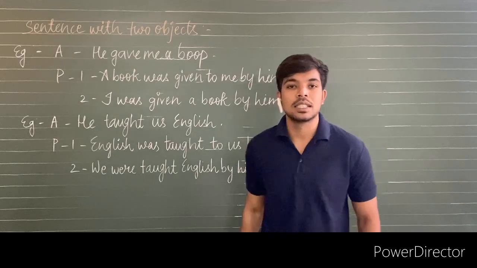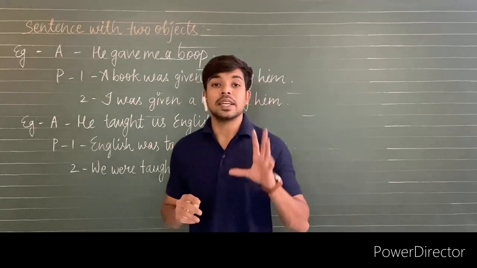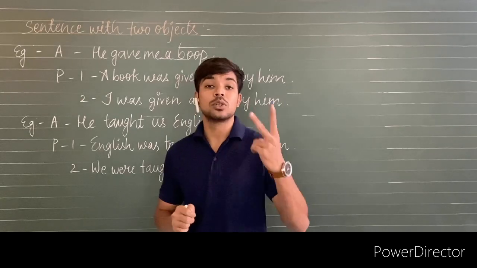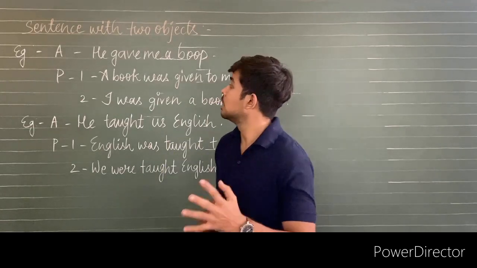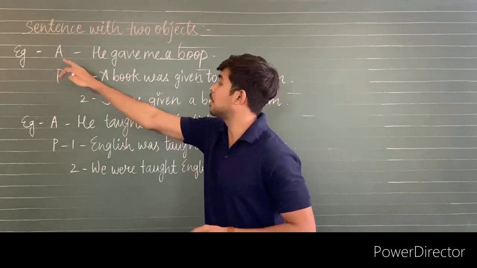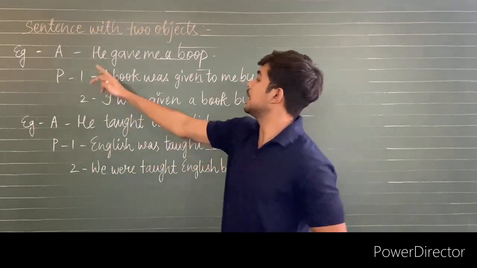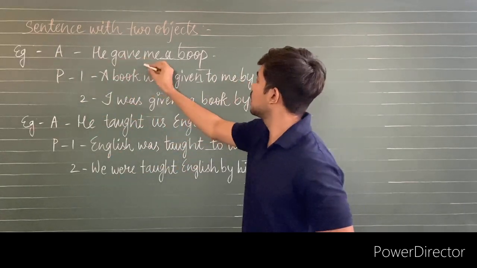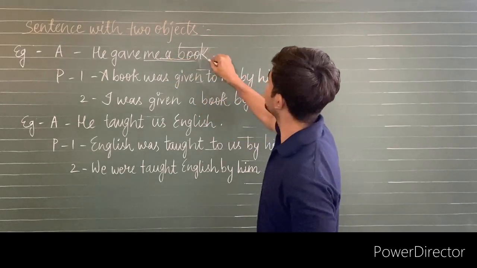Now we will discuss what happens if the sentence has two different objects in it, a direct object and an indirect object. For example, a sentence with two objects. Example 1: the first one is active. He gave me a book.